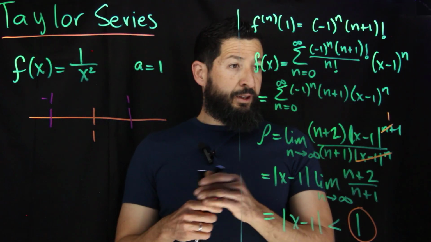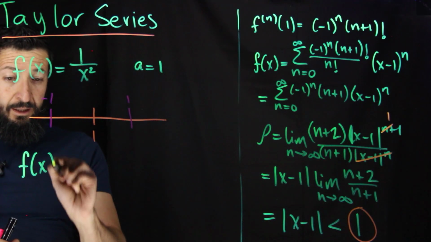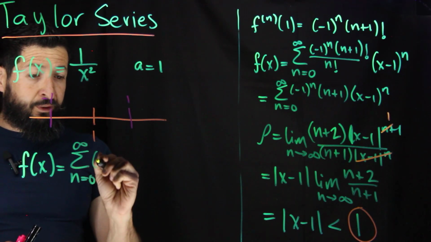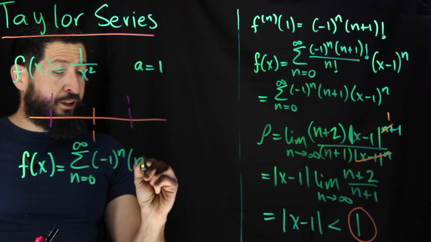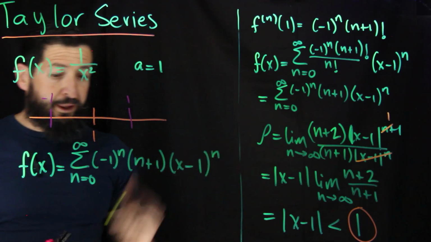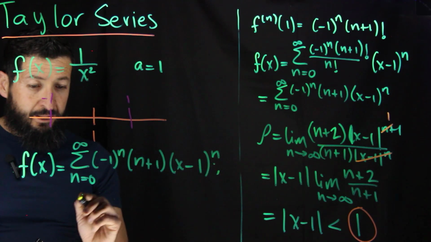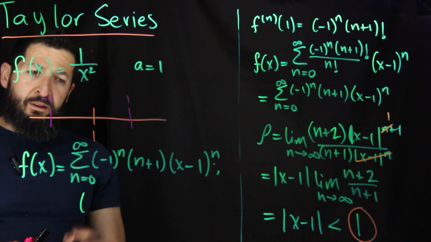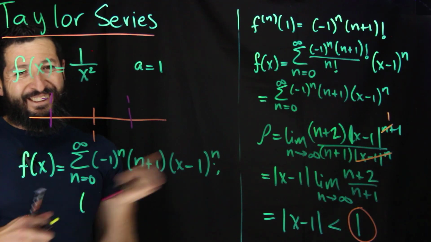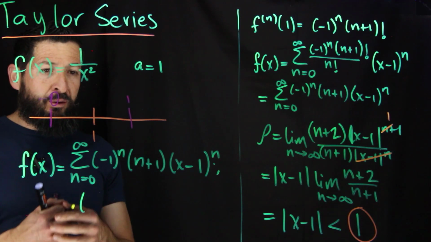So your function, if you will, you can write as the sum from n equals 0 to infinity of negative 1 to the n times n plus 1 times x minus 1 to the n, on the interval 1 minus 1, which is 0, and 1 plus 1, which is 2.